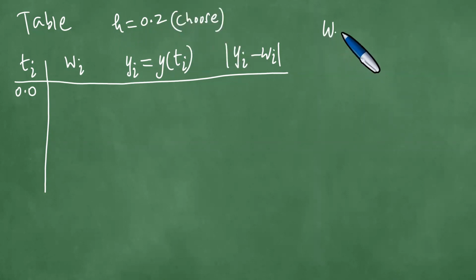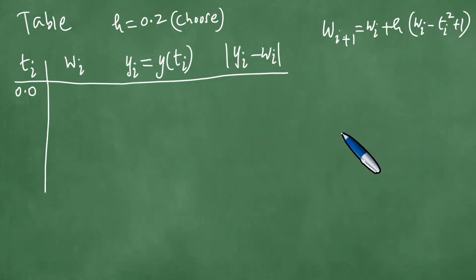So choose H to be this, and we take the difference equation, which is always Wi plus H, and then we put what we got. This one is going to be Wi minus Ti squared plus 1, like so.